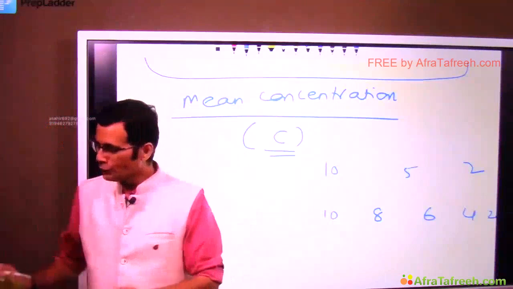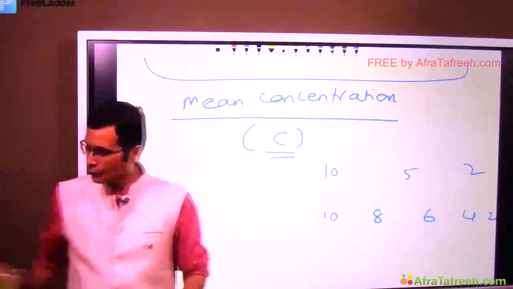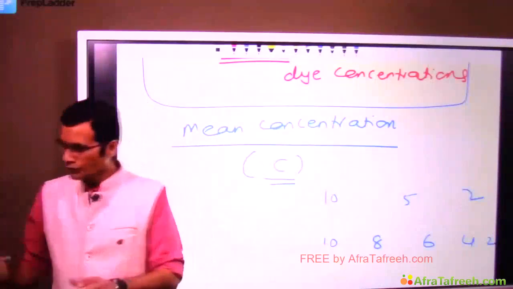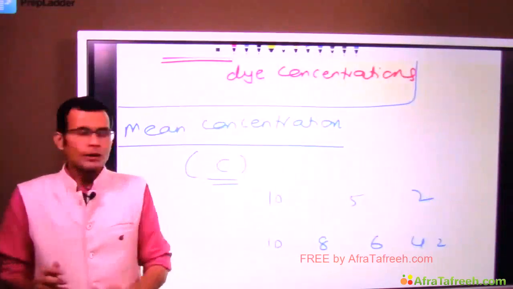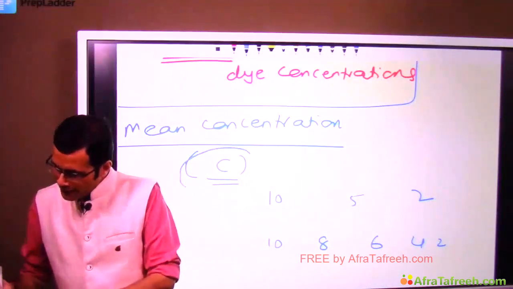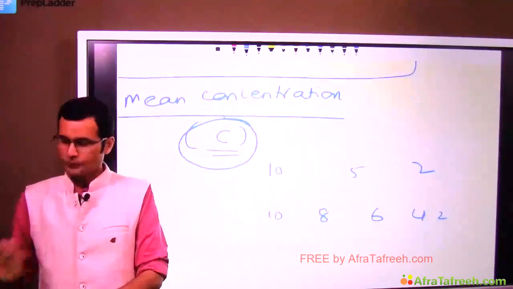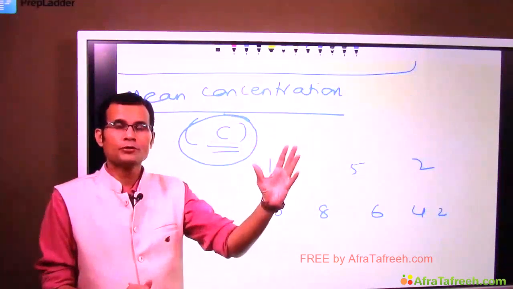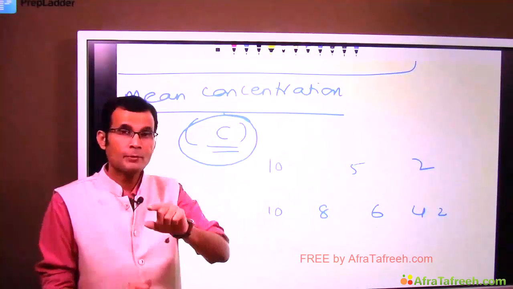And therefore, when you calculate the mean concentration of the dye from these concentrations, the mean concentration will be less if the stroke volume is more. Remember this.